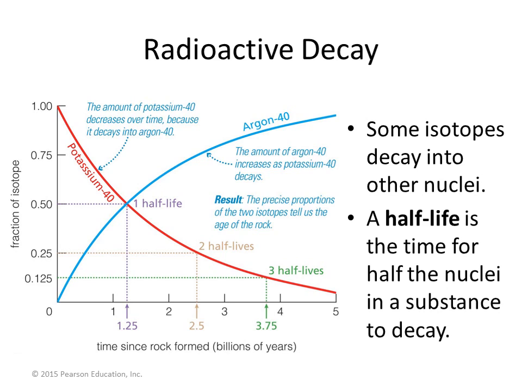In other words, half of the potassium-40 decays to argon-40 in a half-life, and the half-life of potassium-argon is 1.25 billion years. So if we have a rock sample, and we can detect and measure the amount of potassium and the amount of argon in the sample, and look at the proportion or the ratio between them, we can actually determine the age of the rock.